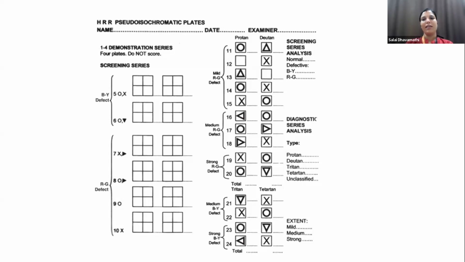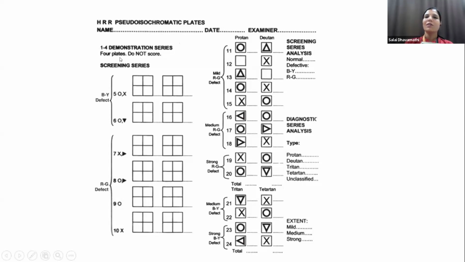If the patient is not responding properly to 7 to 10, then you have to go and check plates 11 to 20, and based on their responses you have to give a tick mark, either protan or deutan. That is how you have to count and do this HRR series.